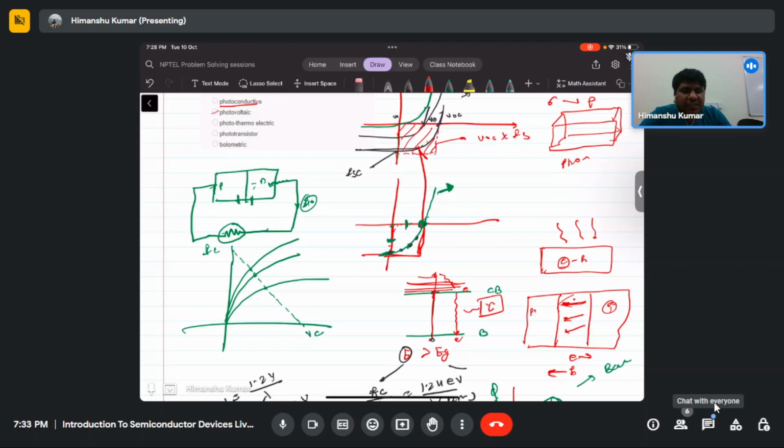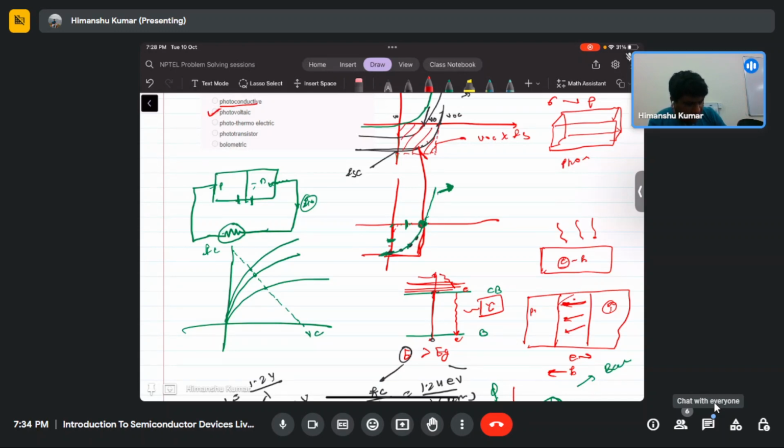If you take a PN junction diode and shine light, even in open circuit you can measure the voltage. So those are the photovoltaic devices.